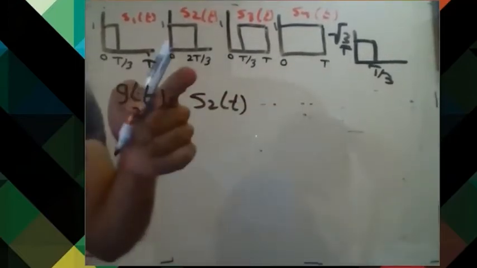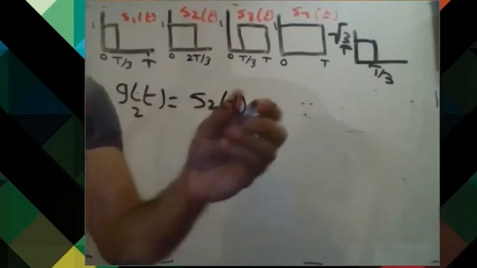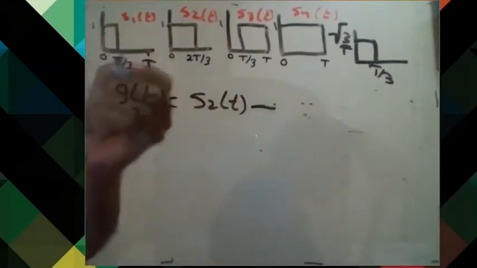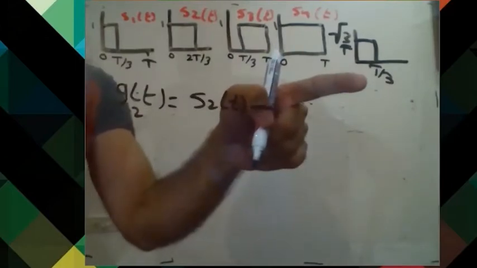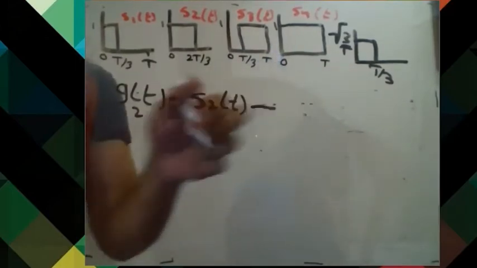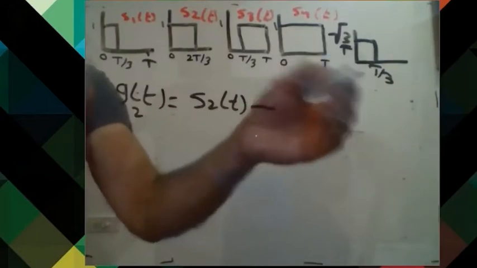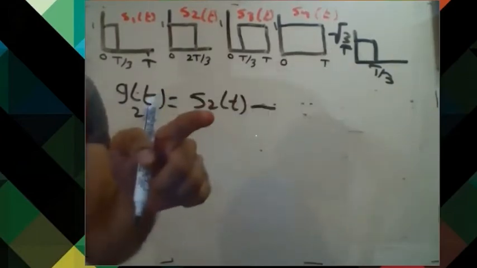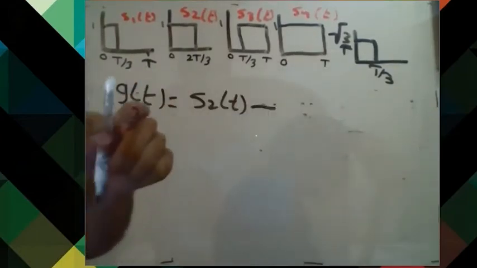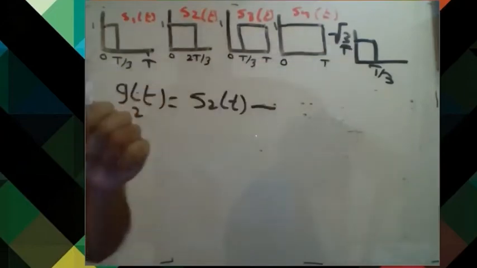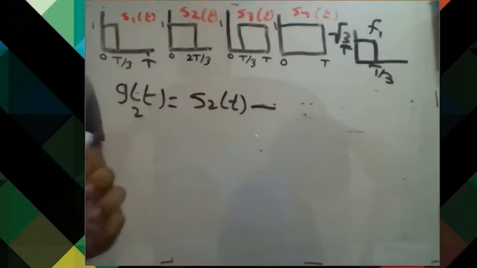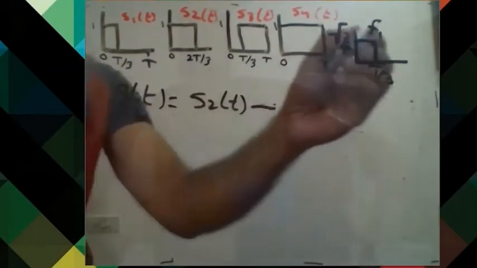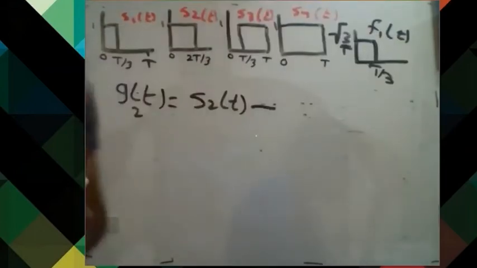So I pick up the second signal and subtract the common area of the first orthogonal signal. If I remove the content of the first orthogonal signal from S2, the resultant signal is orthogonal to F1. So I write F1 over here, and let's write t as well.